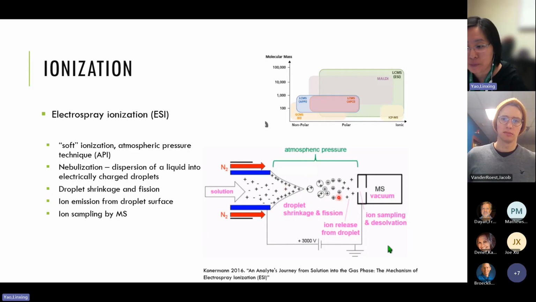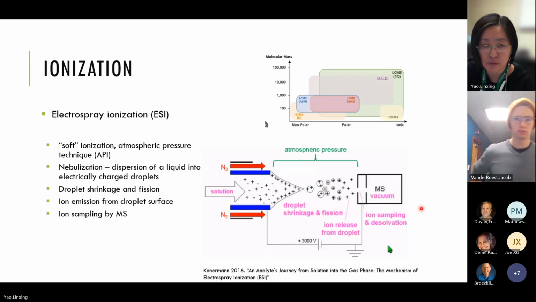During this travel, droplet size decreases and charge density at the surface increases as a result of droplet disintegration and solvent evaporation. Finally, when the electric field at the surface has become sufficiently high, ions are emitted into the gaseous phase and are sampled by the mass analyzer, which is under high vacuum.